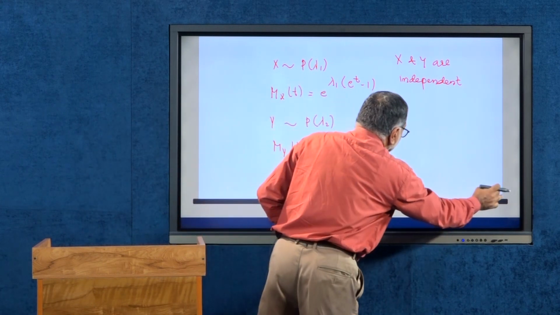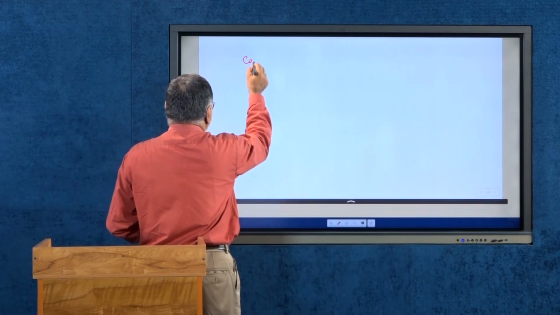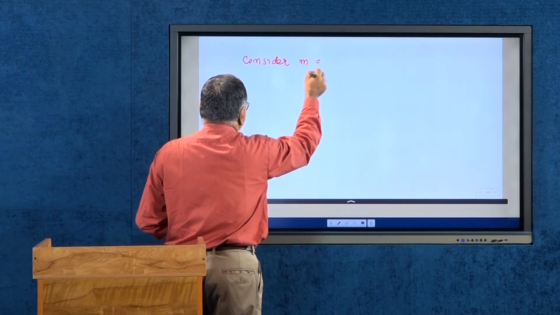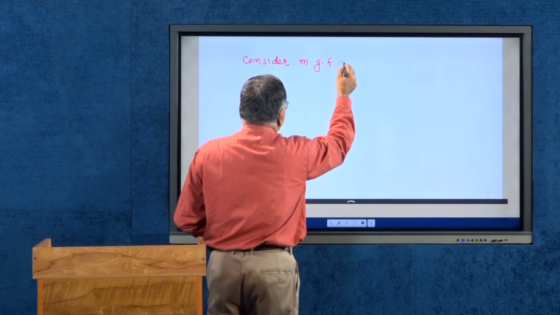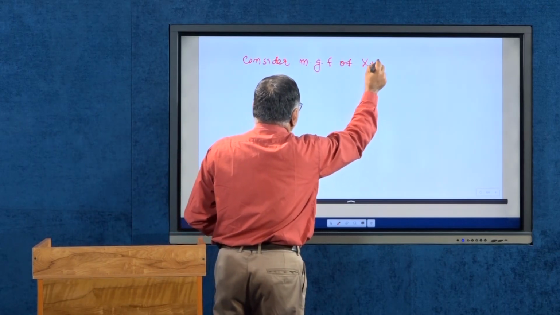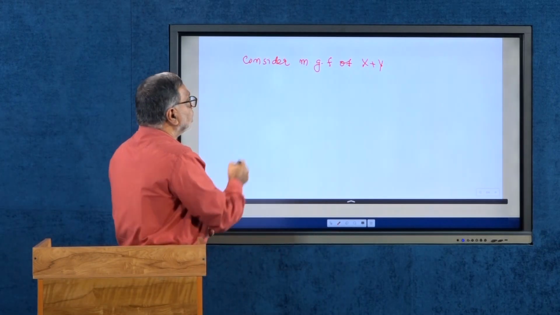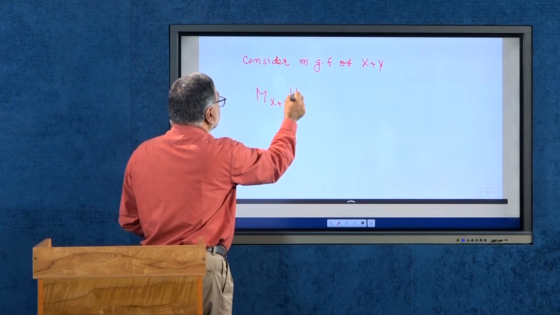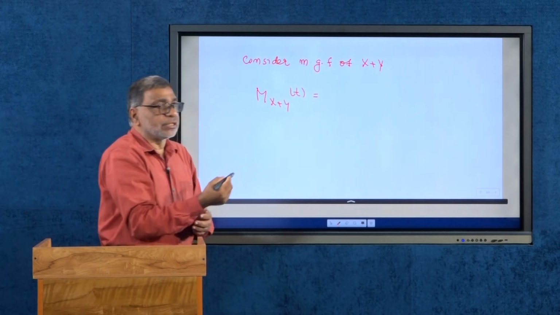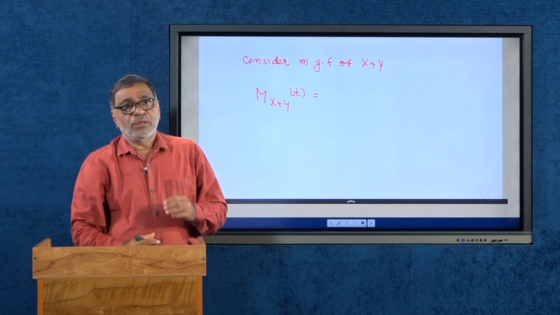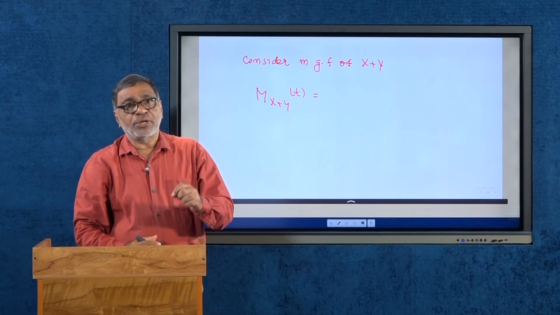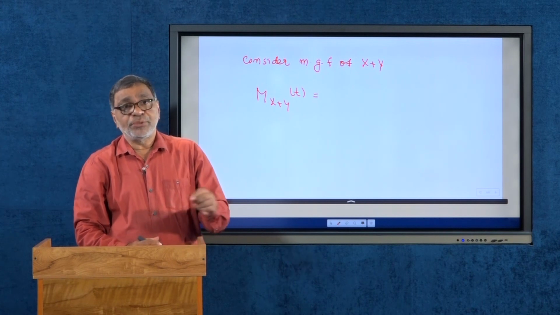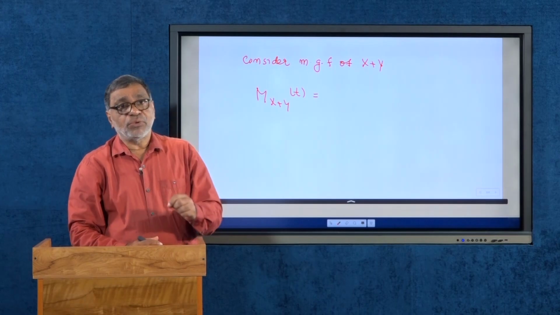If X and Y are independent random variables, you are finding the moment generating function of X plus Y. So, suppose you consider the MGF, the moment generating function of the sum of random variables X plus Y, that is M_{X+Y}(t), and using the property of the moment generating function, you know the moment generating function of the sum of two random variables is equal to the product of the moment generating functions if X and Y are independent.